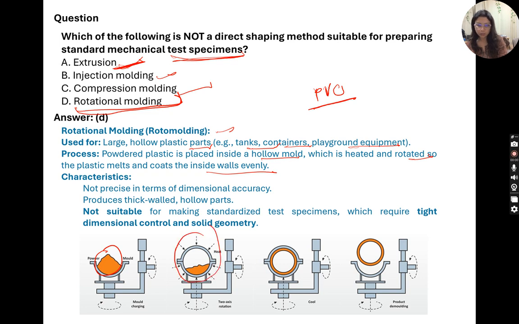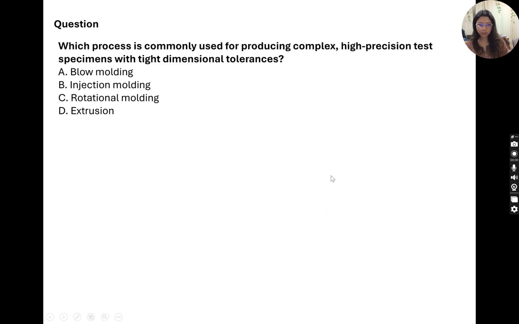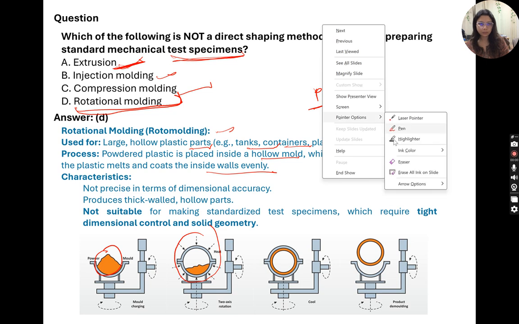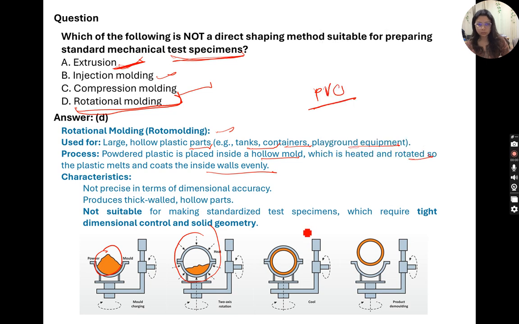On heating and rotating the mold, the polymer takes the shape of the mold. Such specimens can be formed by rotational molding, and these we generally do not use for mechanical testing.